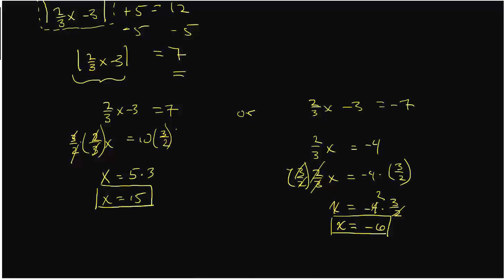Now, for an even more complicated problem, because they can always get more complicated, suppose you have something like the absolute value of 3a plus 1 is equal to the absolute value of 2a minus 4.